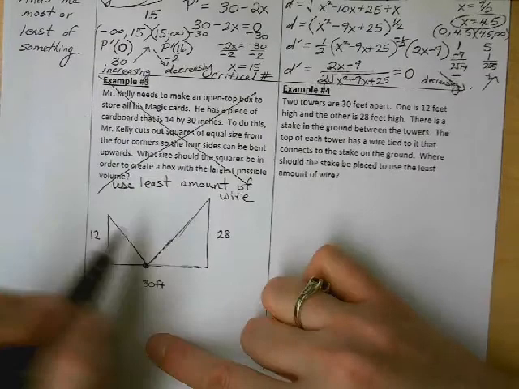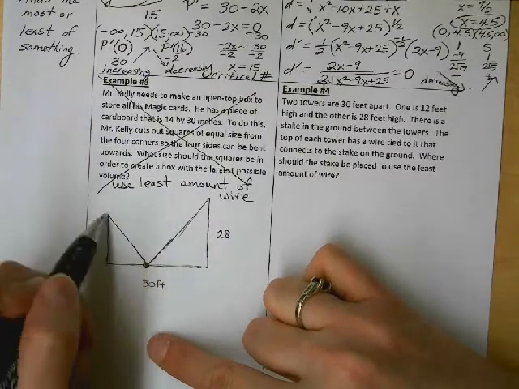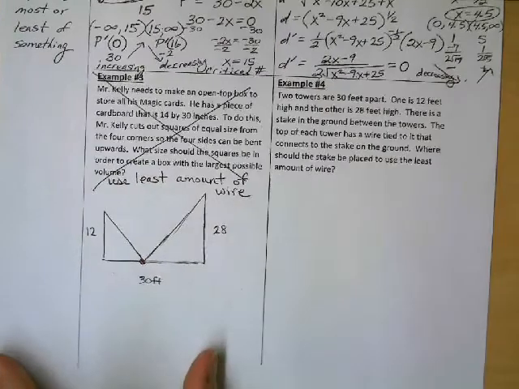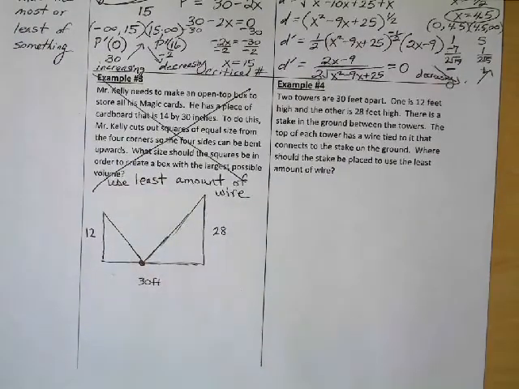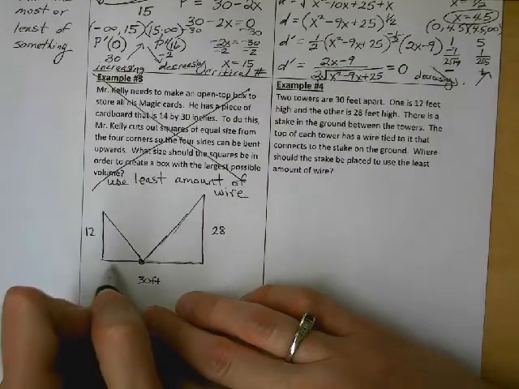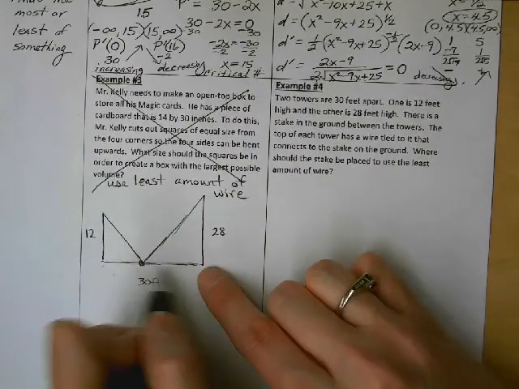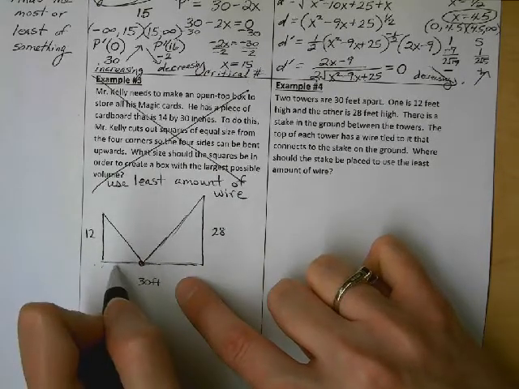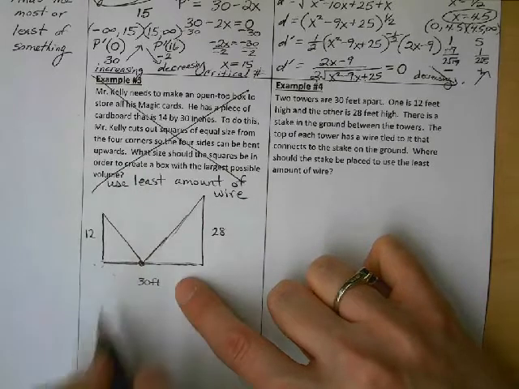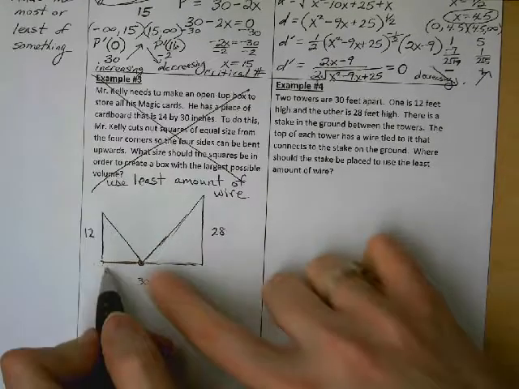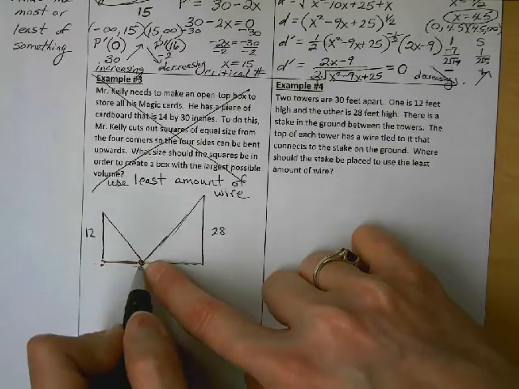Okay, well, the wire goes here, the wire goes here. We need to try to label this. All right, well, also we knew this was 30 feet apart. We know the whole thing's 30, but if we don't know how far it is to where the stake is, what could we put here?